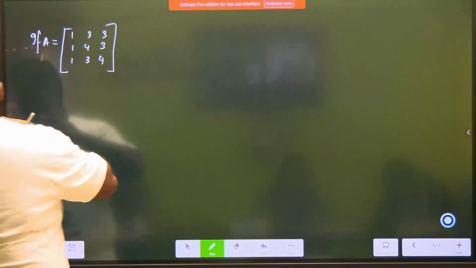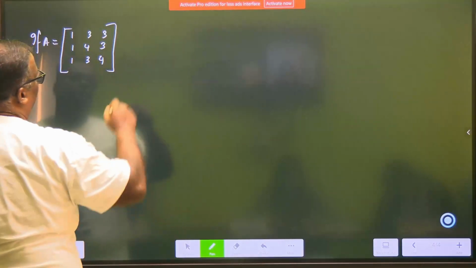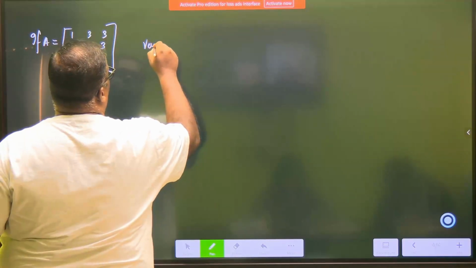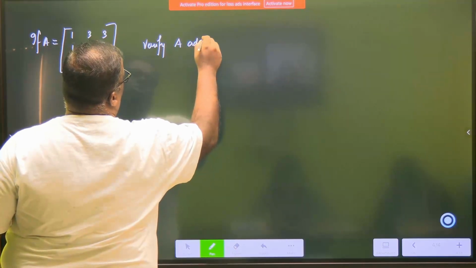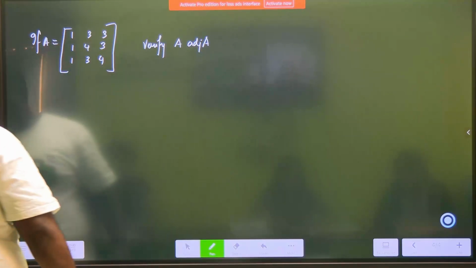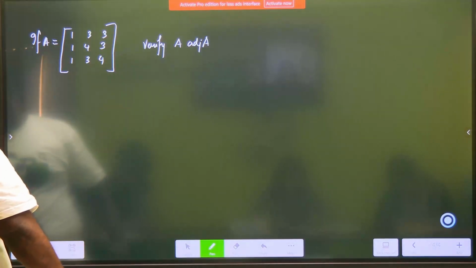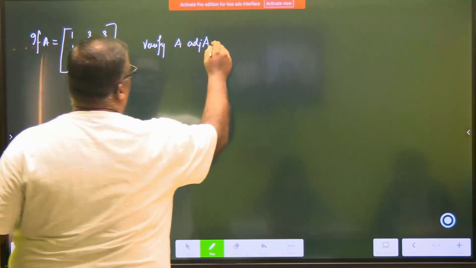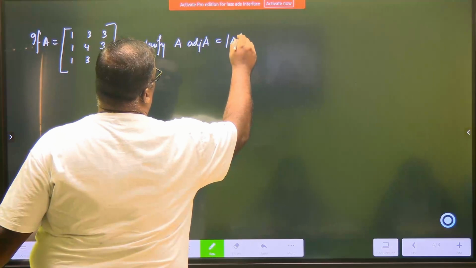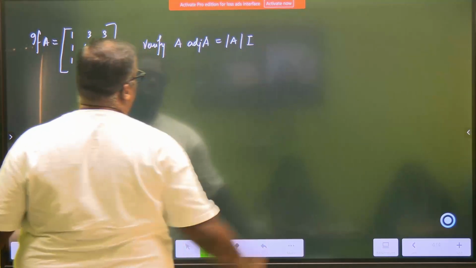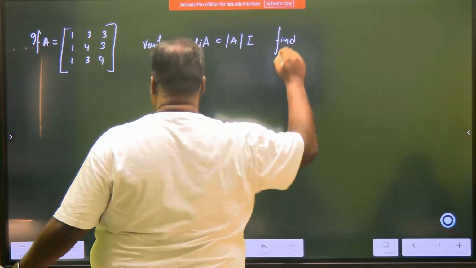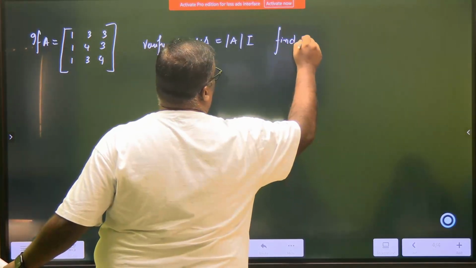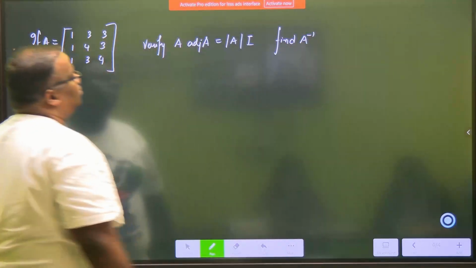Verify that A into adjoint of A is equal to determinant of A into the identity matrix, and then find A inverse.